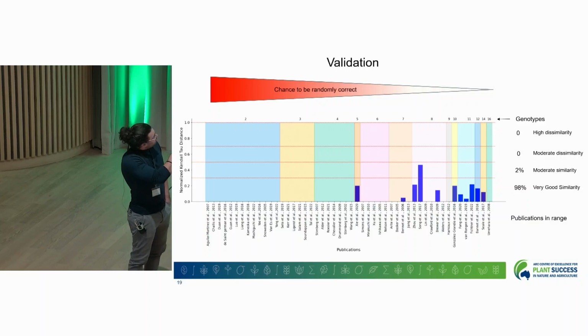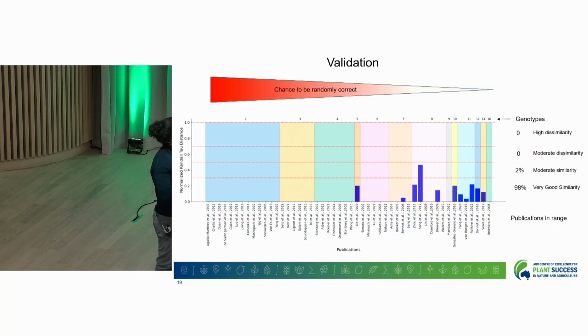And on the top, you can see how many genotypes there were in each experiment, for example, how many mutants or treatments that I talked about before. Here we see there were just 2, so the chance to be randomly correct with a random network is quite high, 50%. But as we move to 16 genotypes in one paper, there are very slight chances for these to be correct.